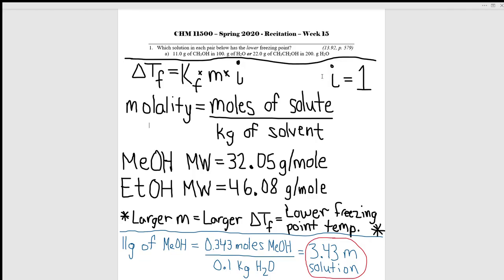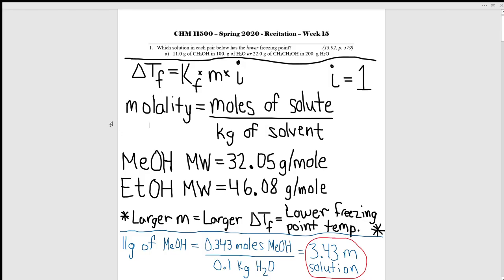So because they are not ionic compounds, we can assign a value of i equals 1 to both of these solutes. I've also written out here below that the molar mass of methanol is 32.05 grams per mole, and that the molar mass of ethanol is 46.08 grams per mole.